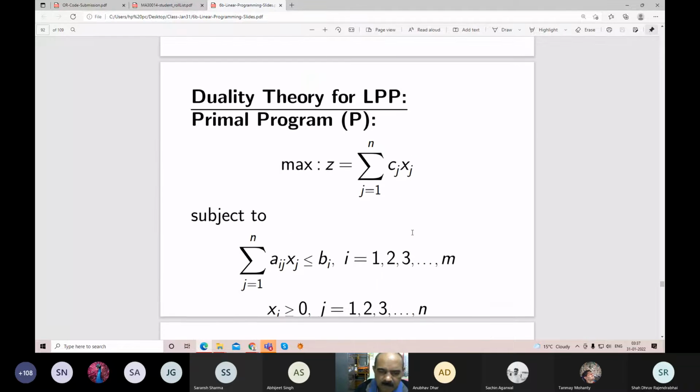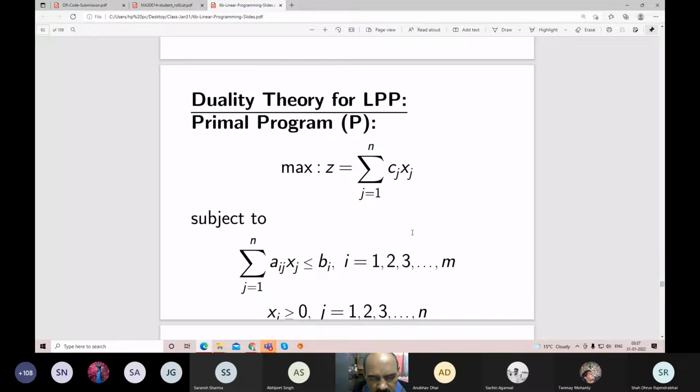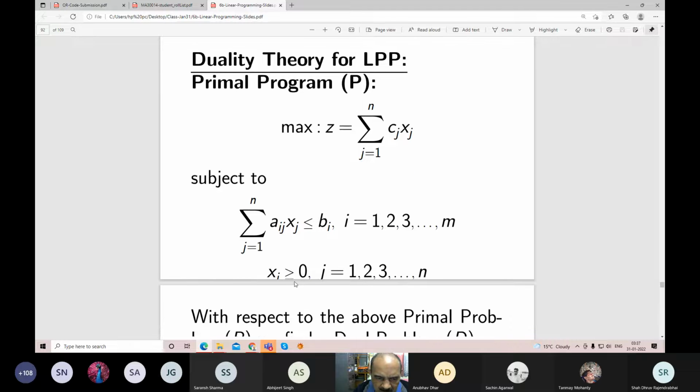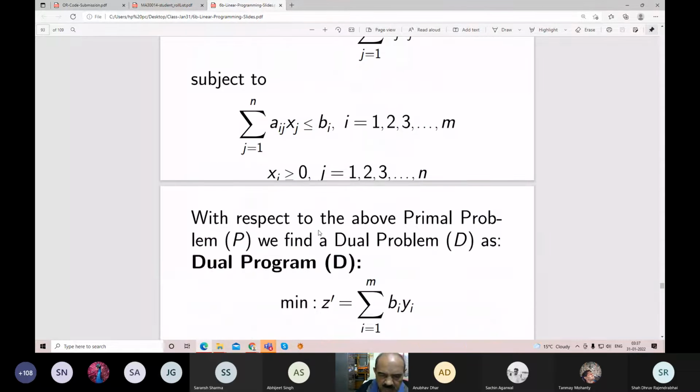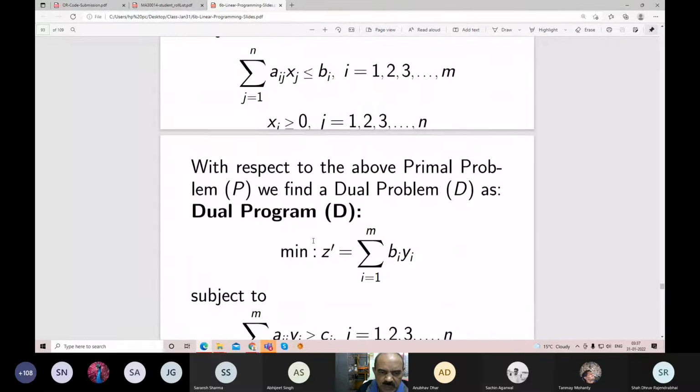Now, primal problem, dual problem. We have two objective functions, primal objective function and dual objective function. If primal is maximization type, dual is minimization type. If primal is minimization type, dual is maximization type. Okay, vice versa. And these primal constants are less than equal type, the dual constants are greater than equal type.